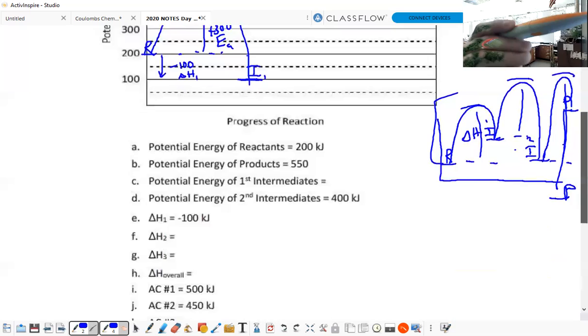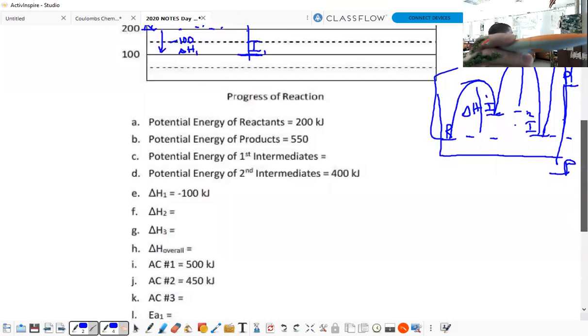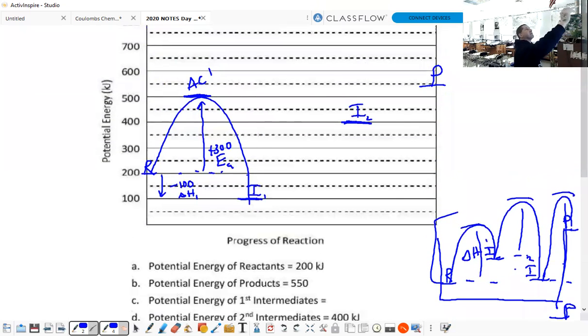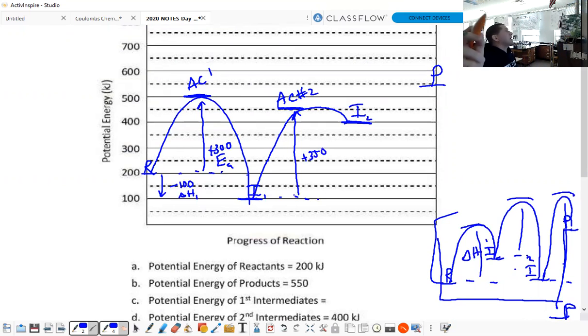Next piece of information. The second activated complex is at 450. AC number 2. So now we have the second reaction path. We're going from 100 up to 450, for positive 350 this time for the activation energy number 2.